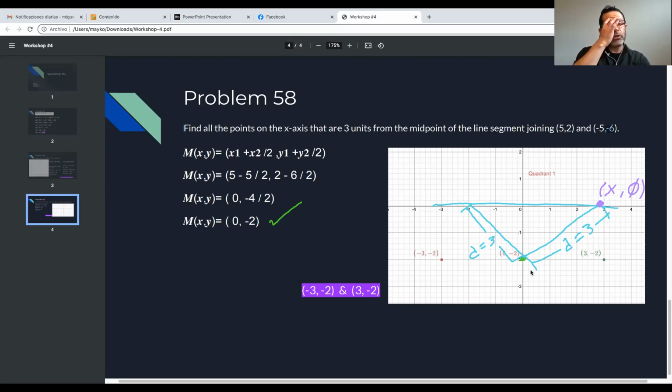Now what we need to do is establish an expression of the distance between those 2 points, and that has to be equal to 3.